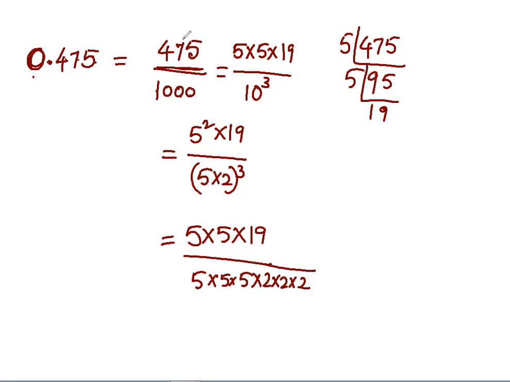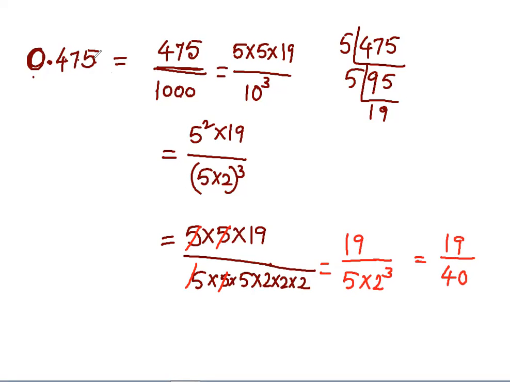Let us cancel, reduce the fraction. 5 cancel, 5 cancel. Now write the remaining terms: 19 by 5 into 2 cube. So we can write 0.475 as 19 by 5 into 2 cube, or 2 cube means 8, 8 5s are 40, 19 by 40.